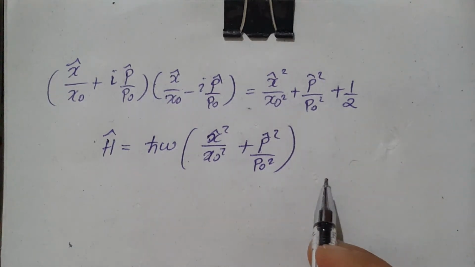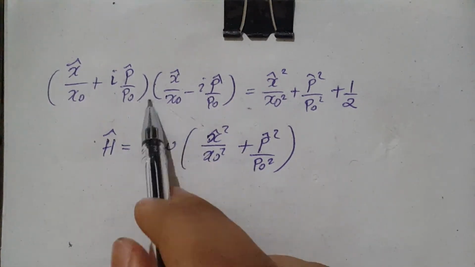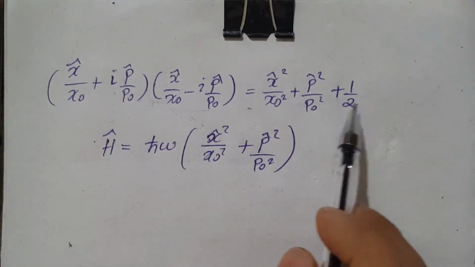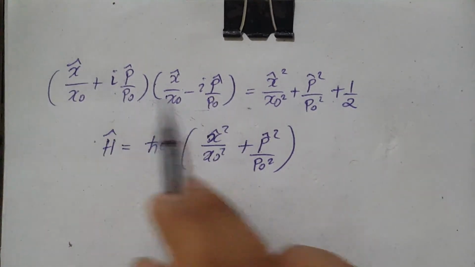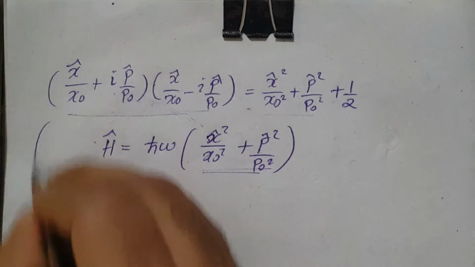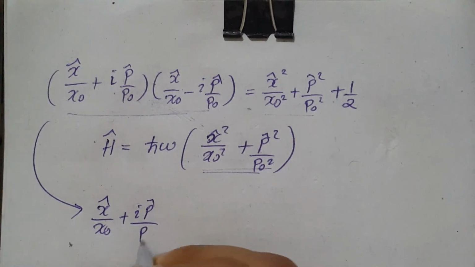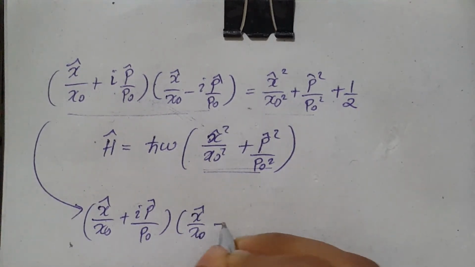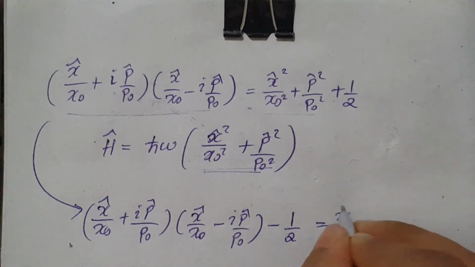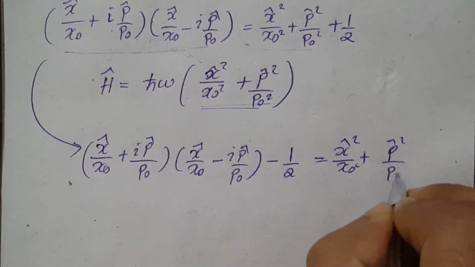Okay, now we know that we cannot write it like this because there is an extra term, but still we can write it using this. How? Just subtract a half from it. If you subtract half from it, you will get this term here. So from this we know x cap by x naught plus i p cap by p naught times x cap by x naught minus i p cap by p naught minus half will be equal to x cap squared by x naught squared plus p cap squared by p naught squared.